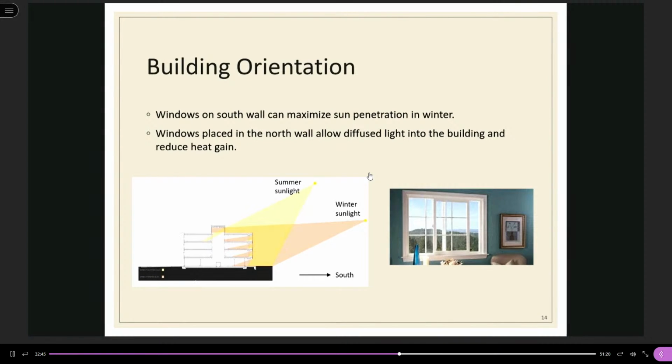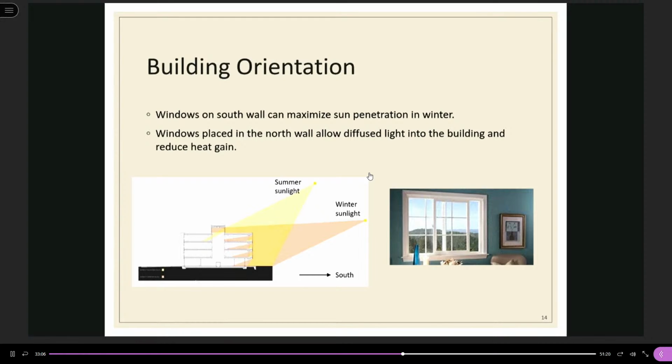Diffuse means it comes from all directions. A diffuse light source means a big area source. For skylight, the whole sky is the light source, so it won't be very glaring.